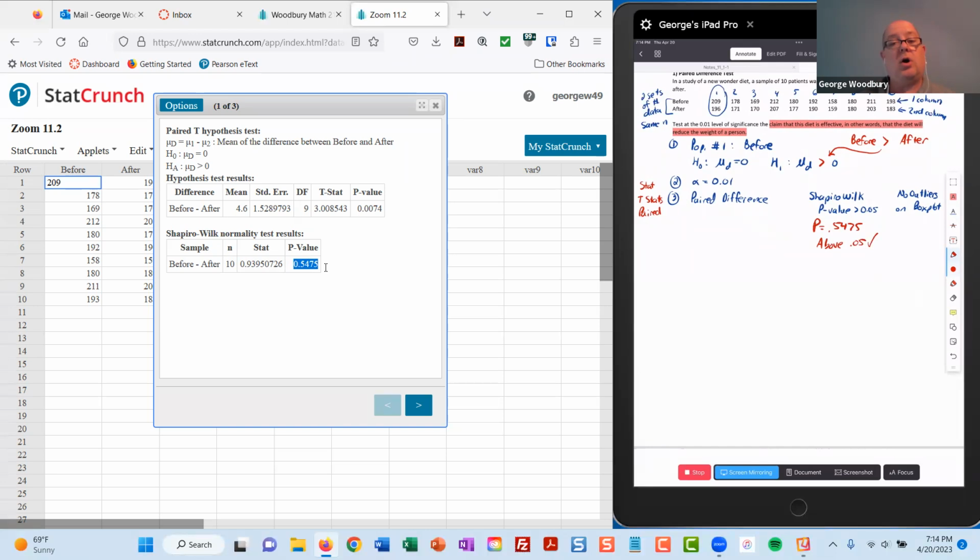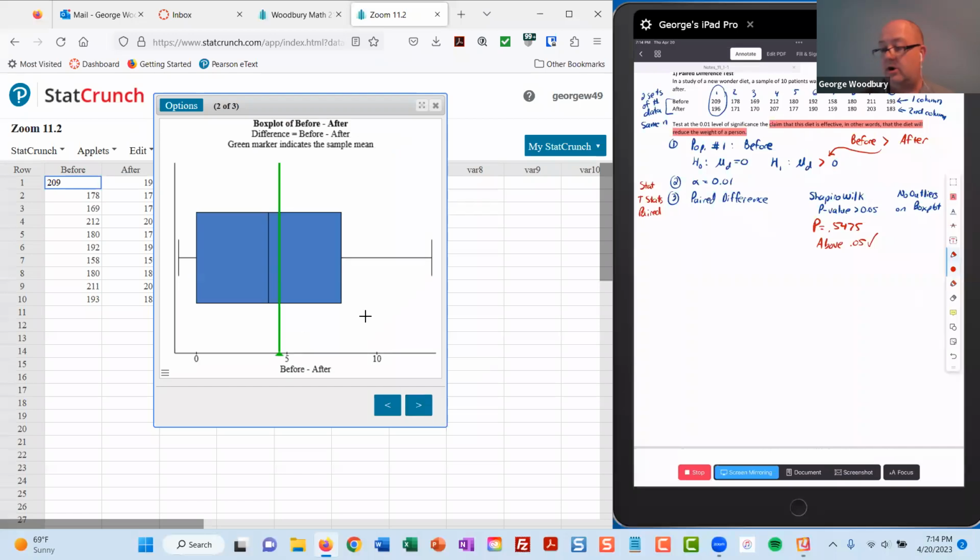And by the way, we always use 0.05 for that, no matter what the level of significance in the problem is. We're always testing that at 0.05. So that never changes. To see the box plot, click on the right arrow. No outliers there. And so this meets the conditions for a pair difference test.